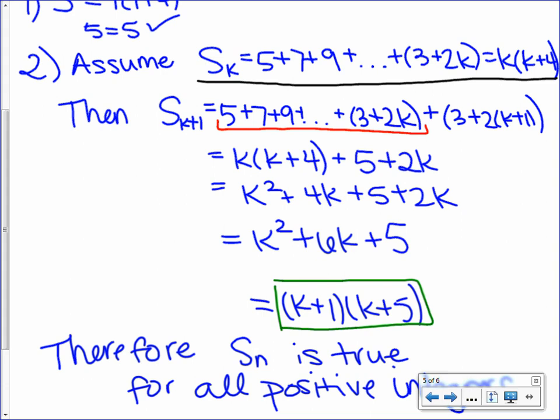So the sum of our k plus 1 terms should be whatever this is when we plug in k plus 1. So k becomes k plus 1, k plus 4 becomes k plus 5.